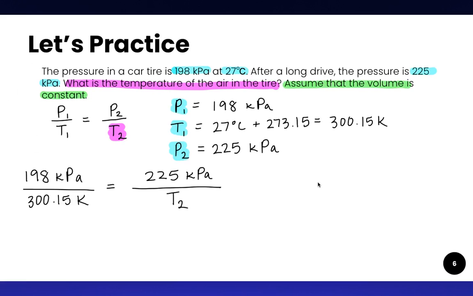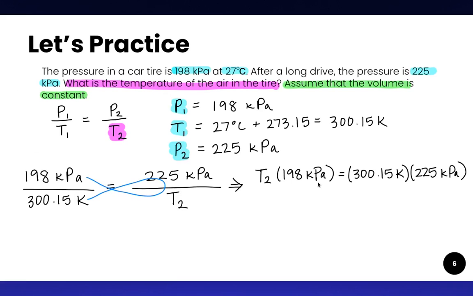Now we cross multiply and rewrite. To get the final temperature by itself, I'm going to divide both sides by 198 kilopascals.